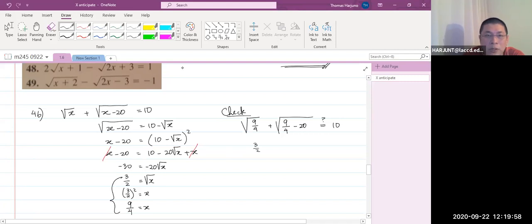But the problem is, you see here, this is a negative number, less than 0. So this will be not a real number, plus not a real number. So in other words, 9 over 4 is not a solution. It doesn't check. Finally, we say this equation has no solution.